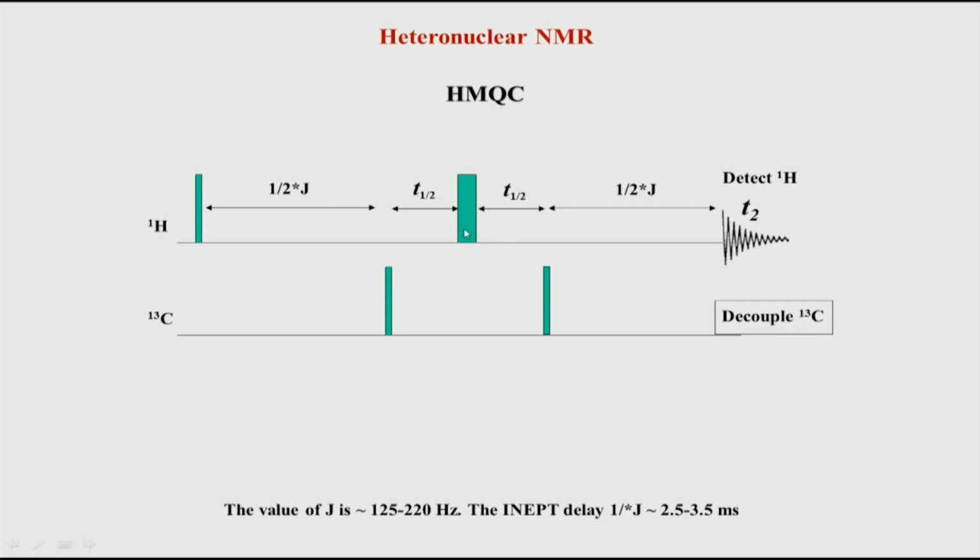The reason this is bad is that it does not excite the full chemical shift range. Remember, in the case of carbon, the chemical shifts go from 0 to 200 ppm. Now, let us say you are working at an 800 megahertz NMR spectrometer, that is 800 megahertz for hydrogen. So, for carbon it will be 200 megahertz, 1 over 4. Now, if you calculate this 200 ppm scale in terms of hertz, it is 40 kilohertz, 40,000 hertz.